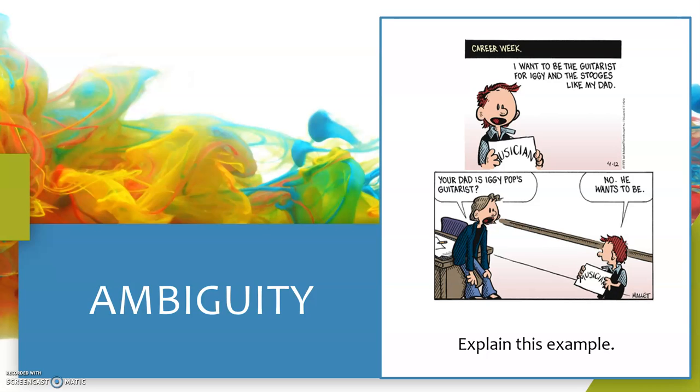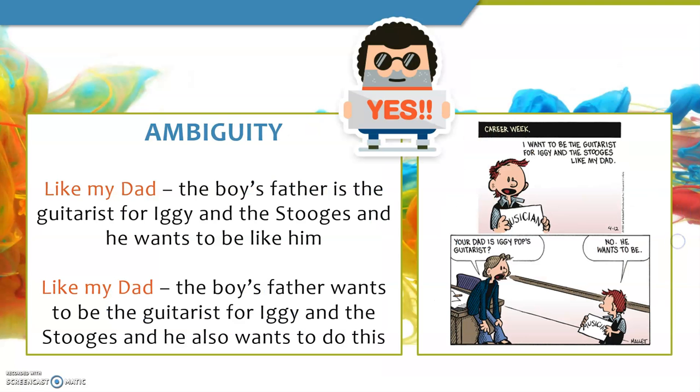Again, without having an understanding of ambiguity, you'll probably have a little giggle at this cartoon, but now you can explain why. Because the ambiguity is on the phrase, like my dad.